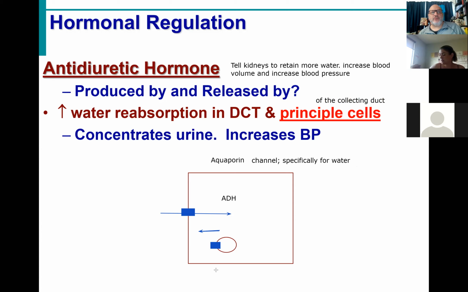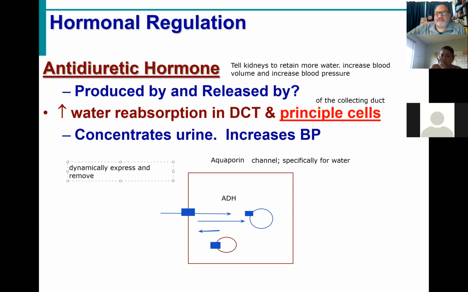When antidiuretic hormone is not present, then these aquaporins are endocytosed, brought back inside, put back onto a vesicle, and then can be expressed again later. So we're able to dynamically express and remove these aquaporins from the surface of these cells based on the presence of antidiuretic hormone.